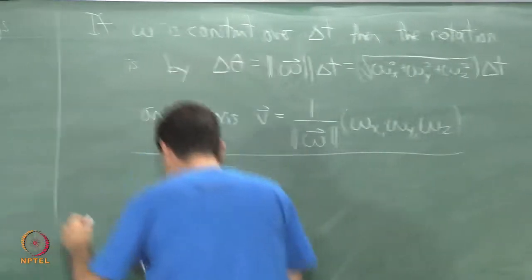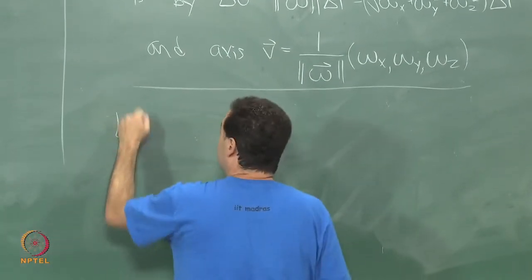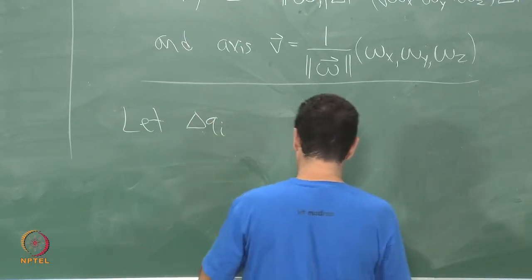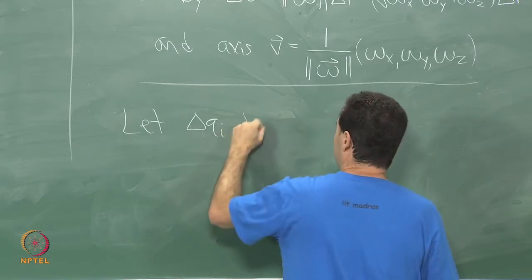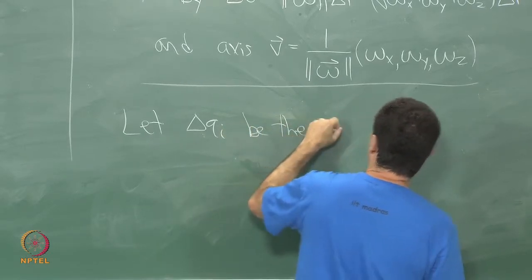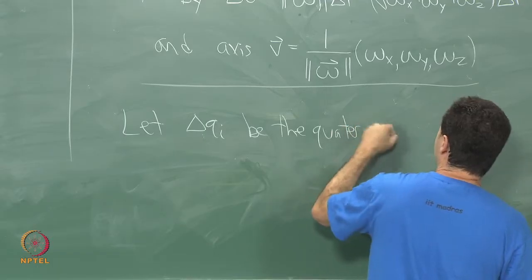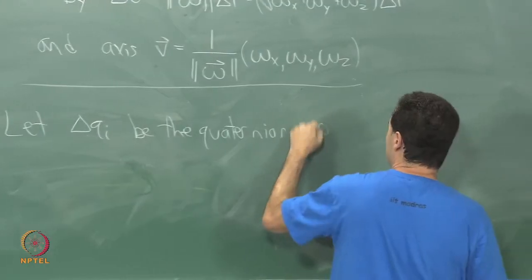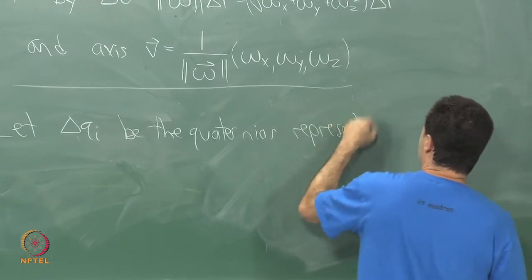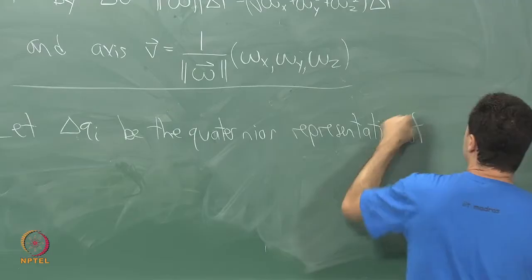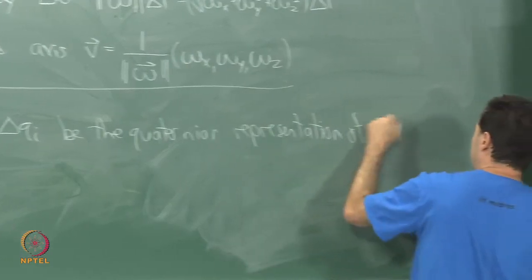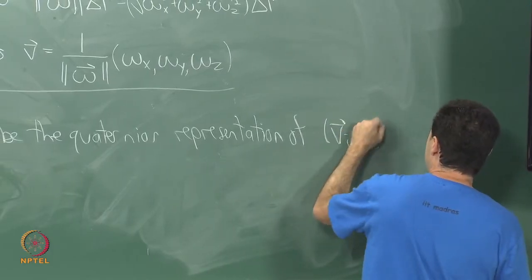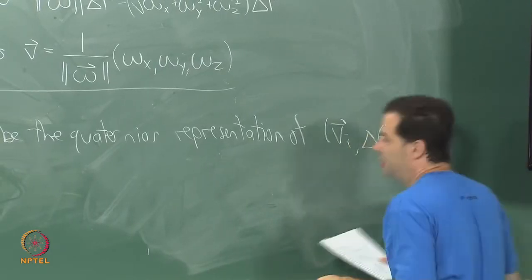So I can now say let delta q i be the Quaternion representation of this axis, let's say at step i, and this delta theta at step i.